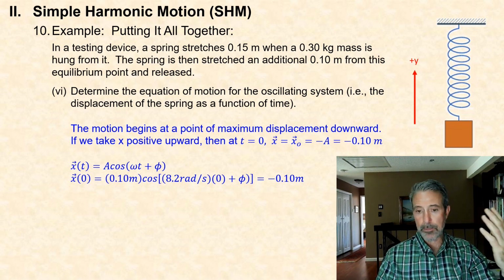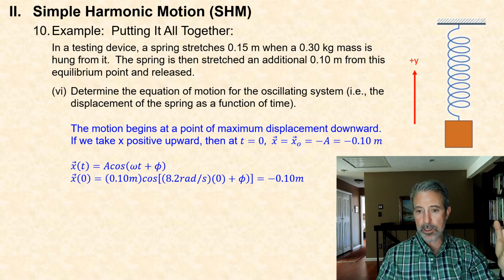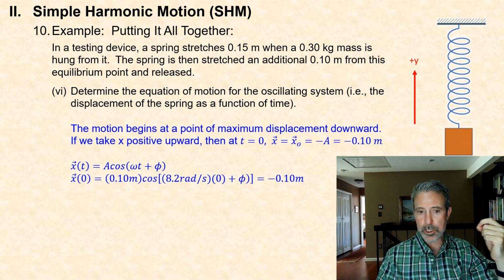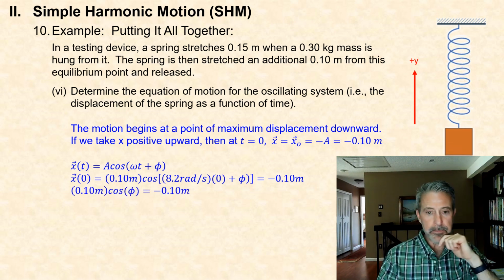And we're going to plug in a time of 0. The constant phi is unknown at this point, but we know that at time 0, the initial position has a value of negative 0.10 meters. So from our initial conditions, we're going to be able to find that phase constant, phi.